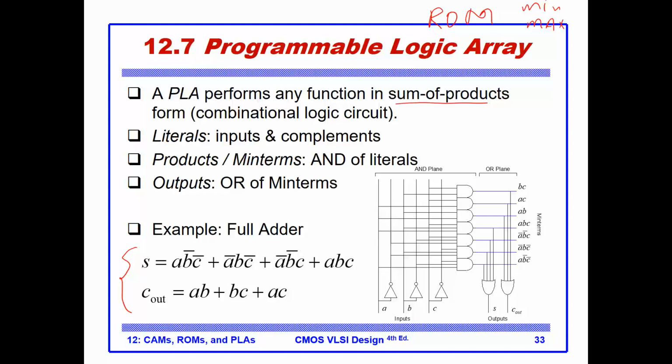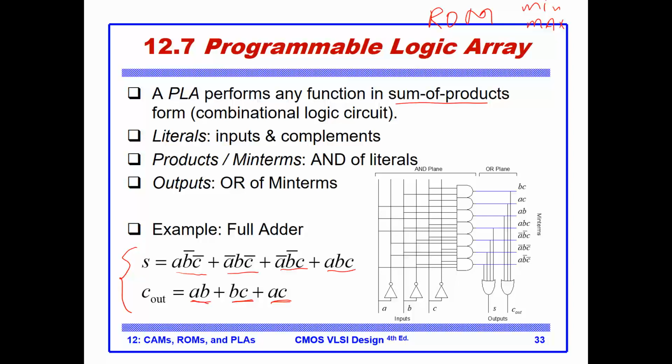Those could be minterms like this function, or they could be simplified terms. In the ROM, you cannot have simplified products. We have to have all minterms or maxterms. But here I can have simplified expressions, and the PLA lends itself to simplified hardware.